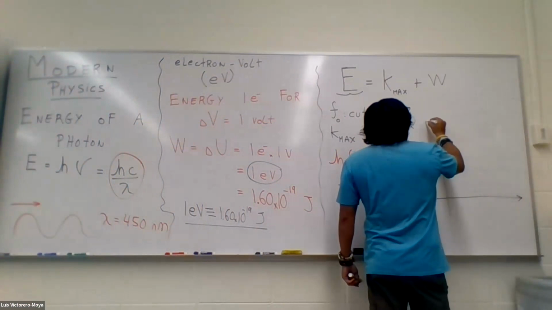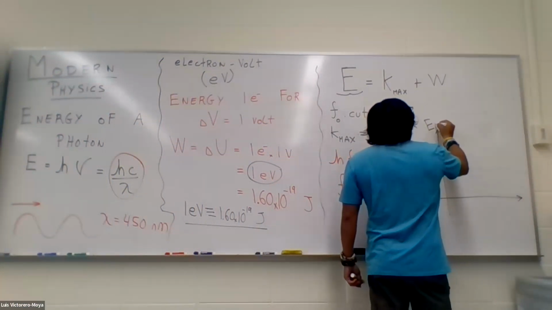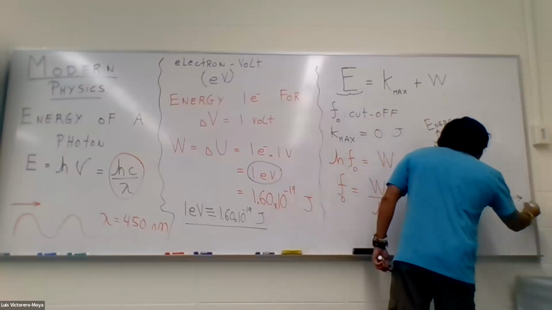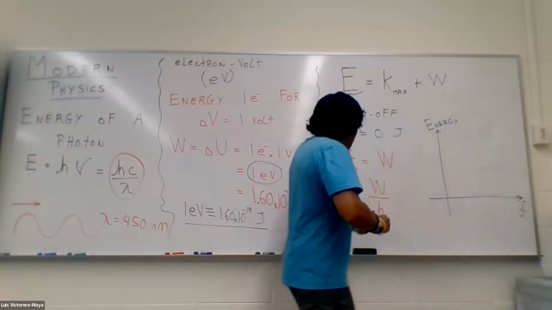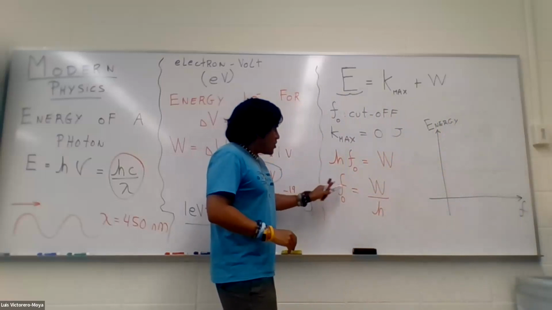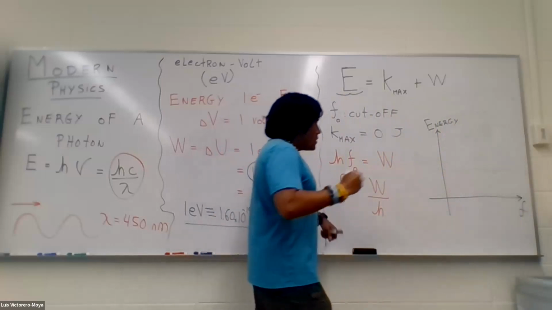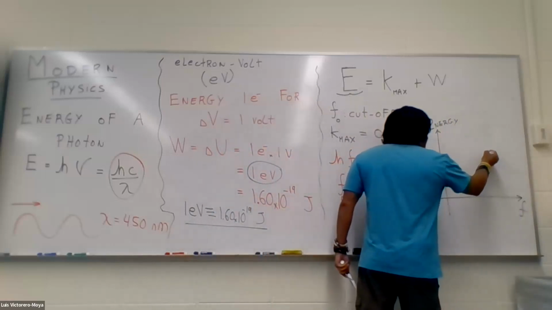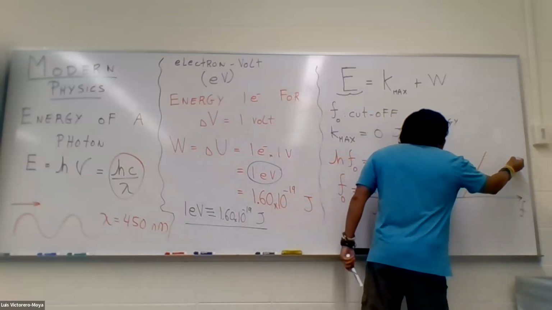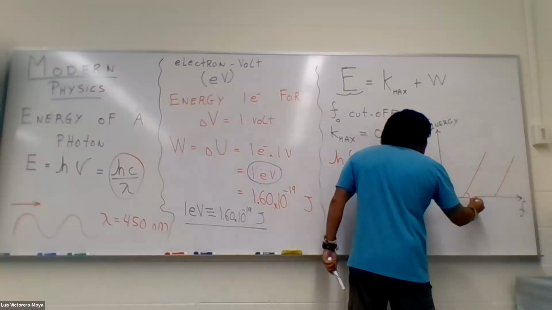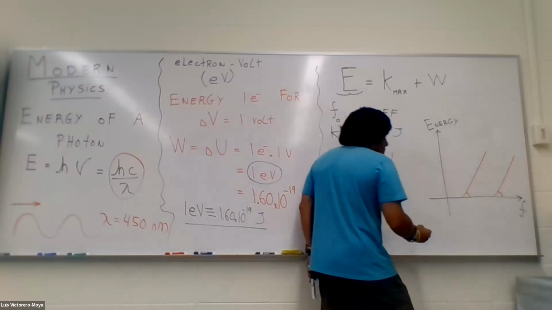This is linear, hf equals W. So the slopes will always be the same. This slope will be the same as this.